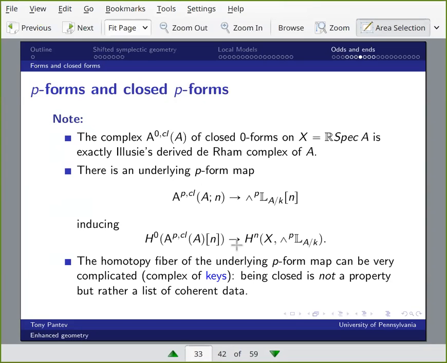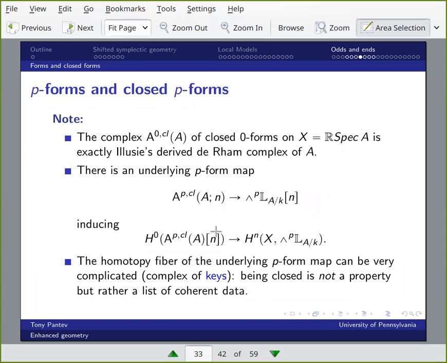In fact, this is exactly Rouxy's derived complex. If you look at forms of degree 0, you can always truncate at the 0 p's. So you have a map from n-shifted closed P forms to n-shifted P forms, which are just elements in the P-th power of the cotangent complex.